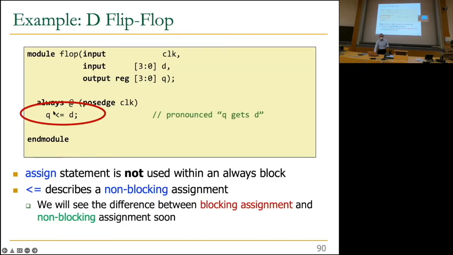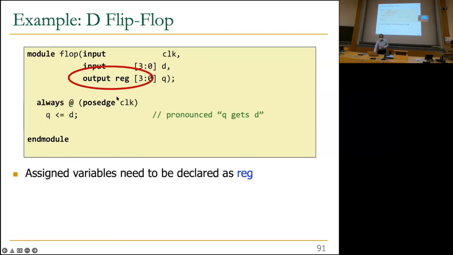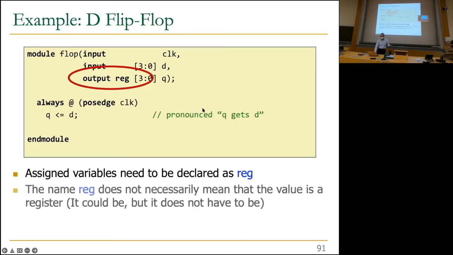Assume that you have a non-blocking assignment over here. And the variables that are assigned inside the always block need to be declared as regs. Again, this is a Verilog rule. I didn't make up the rules, the people who designed it did. The name reg doesn't necessarily mean that the values are registered. It could be, but it doesn't have to be, because this could be a combinational thing as well, as we discussed. So we'll see examples later where reg actually can be combinational.